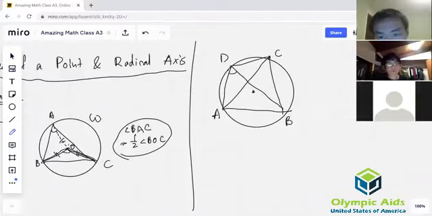If you draw the center in, you know that this angle is half of this arc. You can think of it that way: it's inscribed in this arc. And you also know this angle is also inscribed in this arc. So you know these two angles are equal.